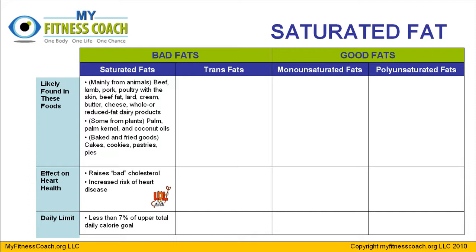A lot of those meal replacement bars and other supplements on the shelves look like they're healthy, but if you really delve into the ingredients list, you'll find that the majority of them use these high saturated fat oils, which can cause you to consume too much saturated fat and wreck your cholesterol levels. And the big culprit of all is baked and fried goods, such as cakes, cookies, pastries, and pies.